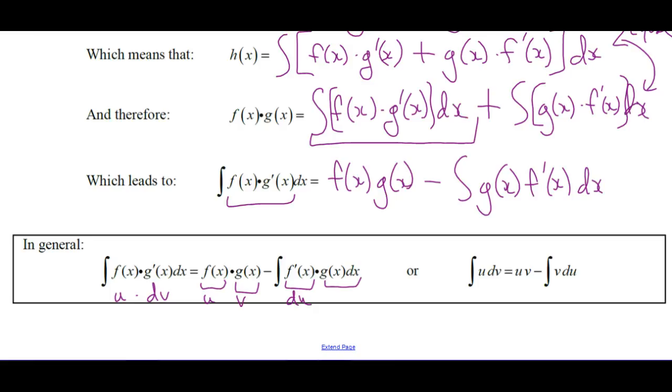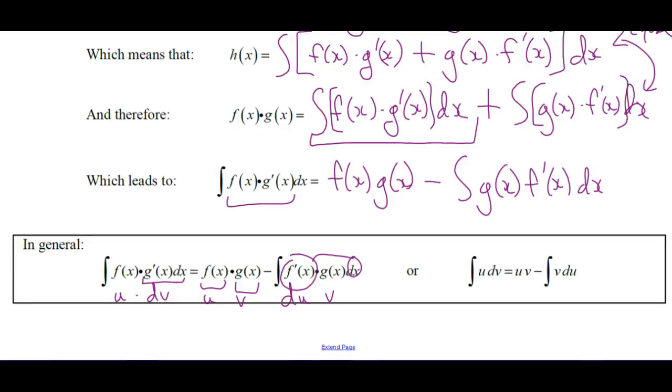Sorry, it's the f, clean that up. These two together, the f prime of x, that's du, and g of x is just plain old v, which on the formula sheet comes out as the integral of u dv is equal to uv, right, so the two functions, minus the integral of v du.